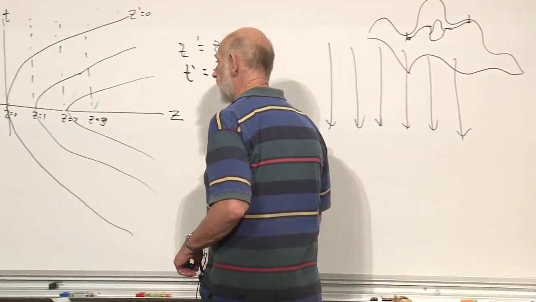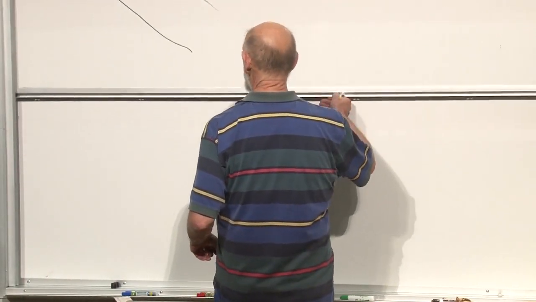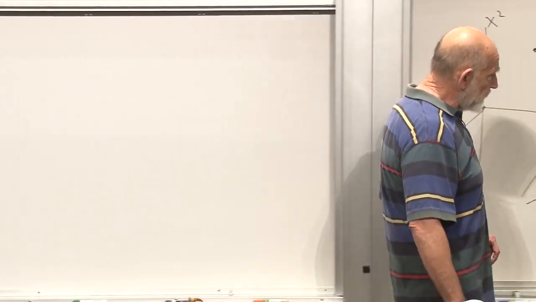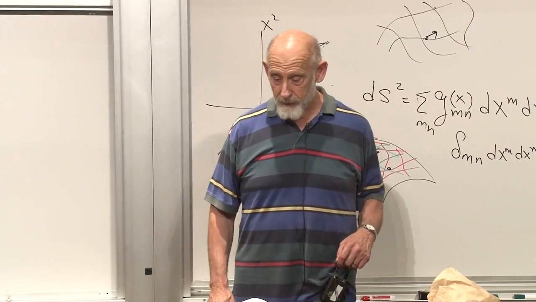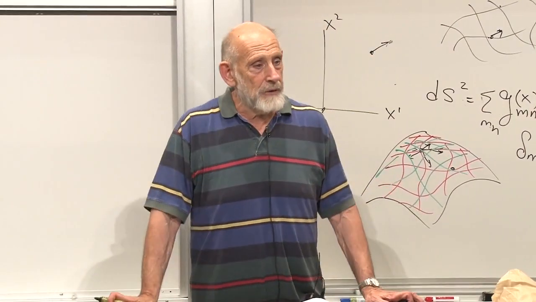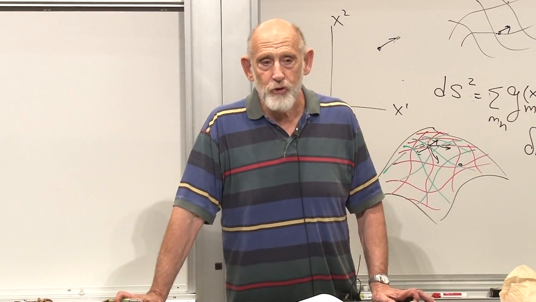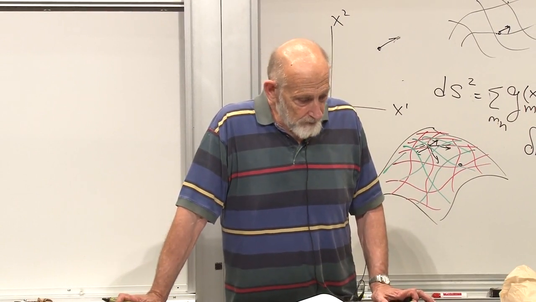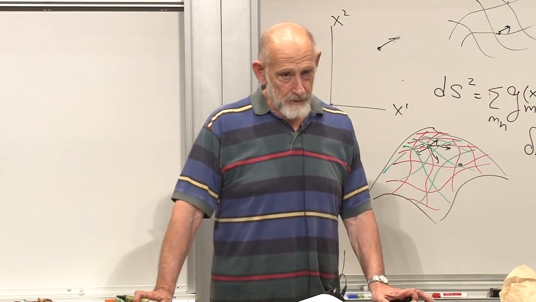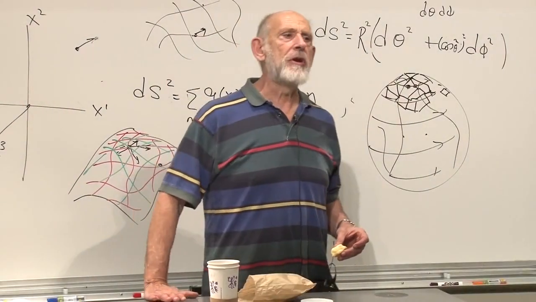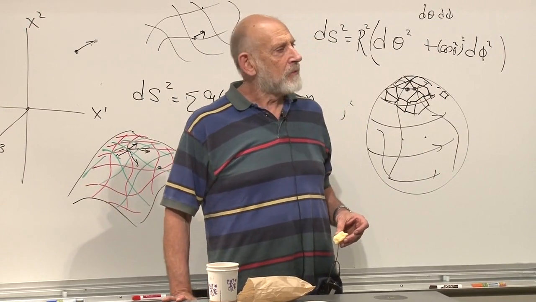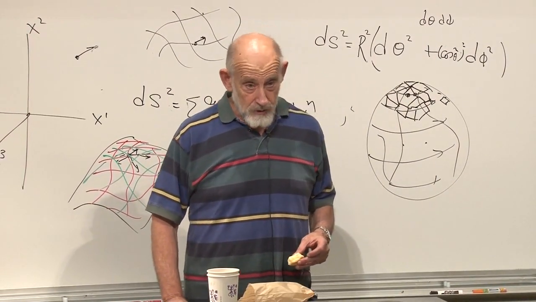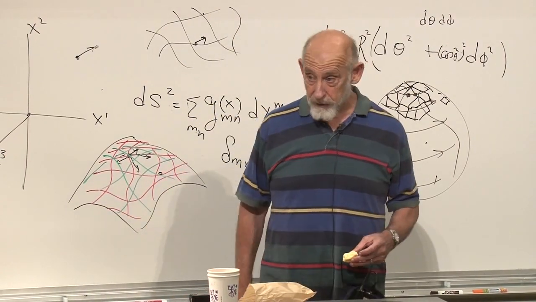Given a g_mn of x, how do you decide if there's a coordinate transformation which will change it into the Kronecker symbol? To answer that, we have to understand better how things transform when you make coordinate transformations. That's the subject of tensor analysis. This analogy between tidal forces and curvature is not an analogy. It's a very precise equivalence.